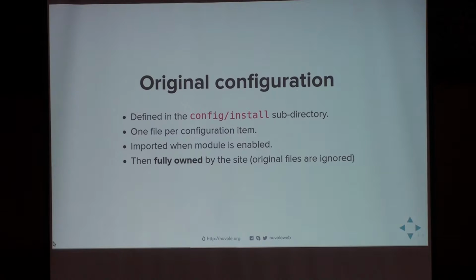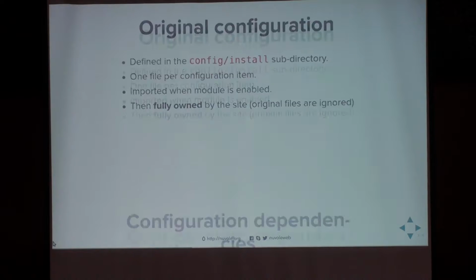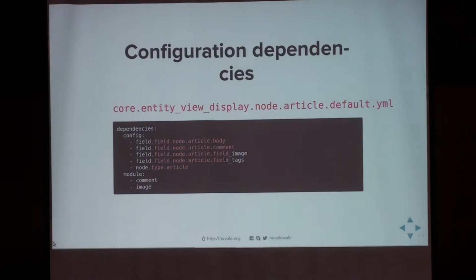The site may change it and whatever, and you cannot know, or you cannot be sure that it will still be the one used. So when you update it, it doesn't reflect on the site. Configuration can also have dependencies on other configuration, for example, or on modules and so on.